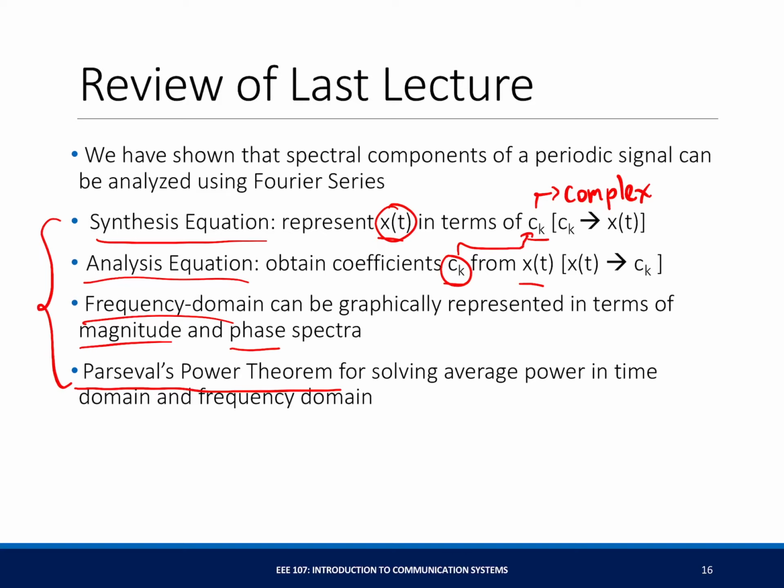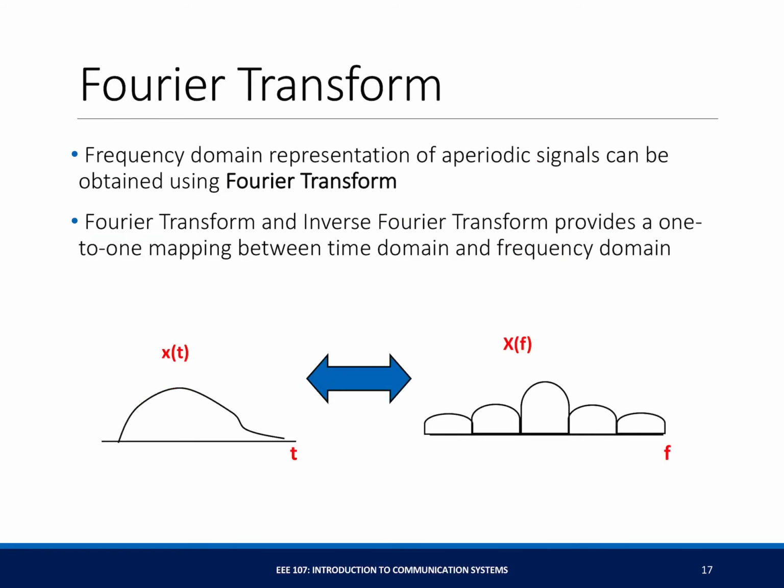We'll also do all of this in this section for the Fourier transform, rather. The Fourier transform also has some form of synthesis, some form of analysis, has its magnitude and phase spectrum, and it also has its own power theorem, to relate the power of your aperiodic signal to your frequency spectrum.